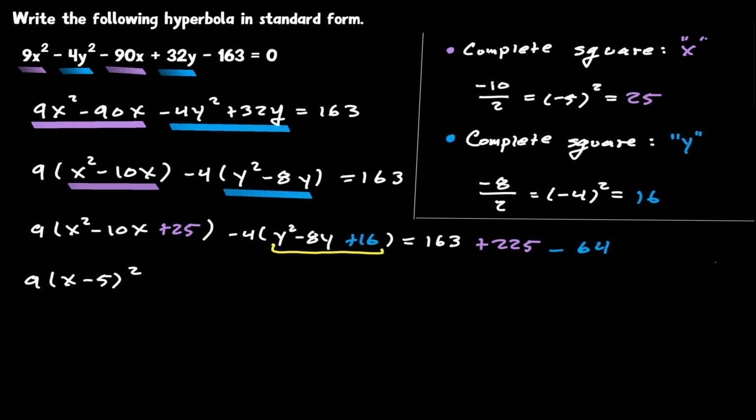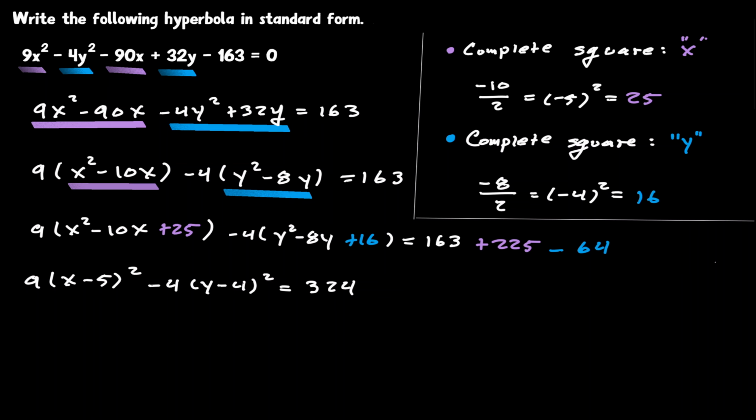The reason why we added 16 inside the parentheses is because now we have a trinomial which we can factor out. We can write this down as y minus 4 times y minus 4. Well, let's just write this down as y minus 4 squared. And on the right hand side, let's just combine values. This is going to give us 324.